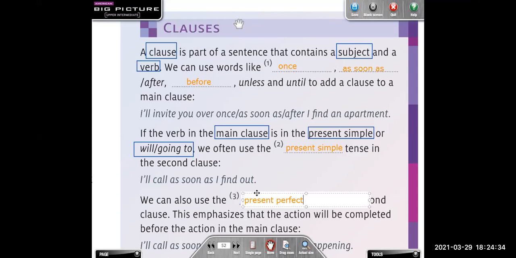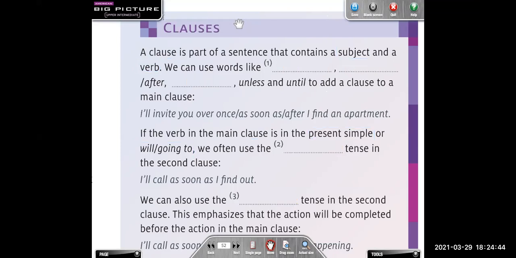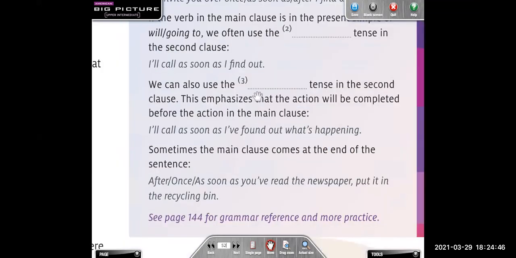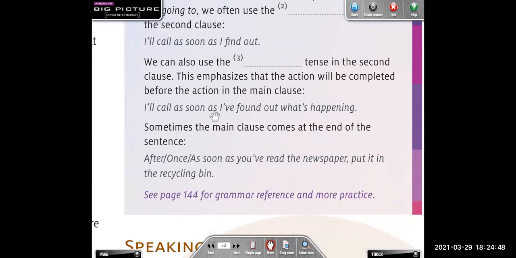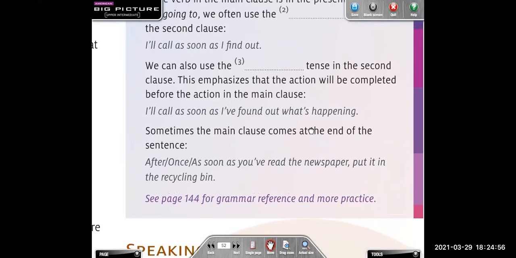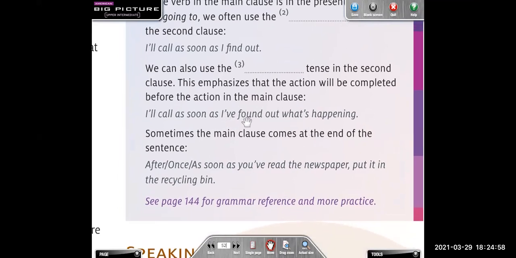In the second clause, this emphasizes that the action will be completed before the action in the main clause. Okay, let's continue here. For example, I'll call as soon as I have found out what's happening.